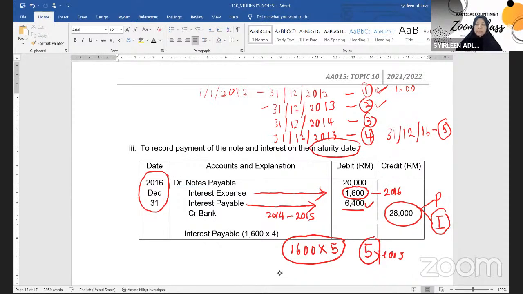So dia dah debit interest expense tadi, tapi sebab belum bayar, kita tak boleh credit bank atau credit cash, kita credit notes, interest payable. So that one stays as your liability from 2012 sampai 2015. Kita akan bayar dia bersama-sama dengan interest expense tahun semasa, which is 2016.